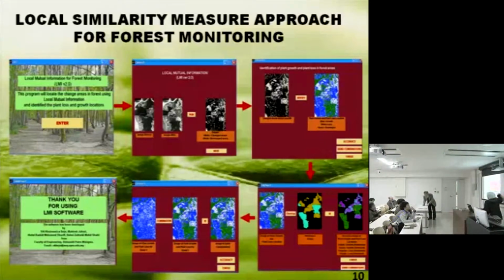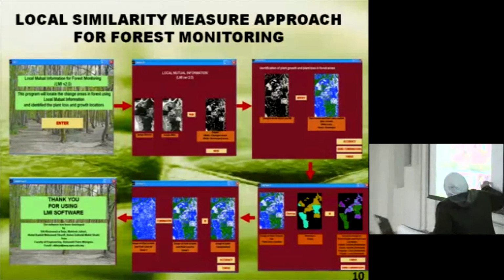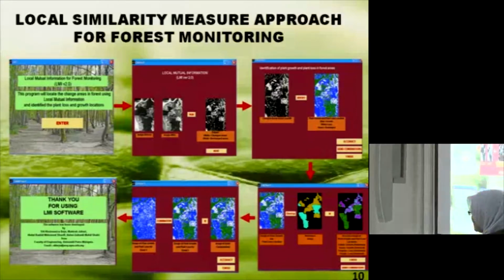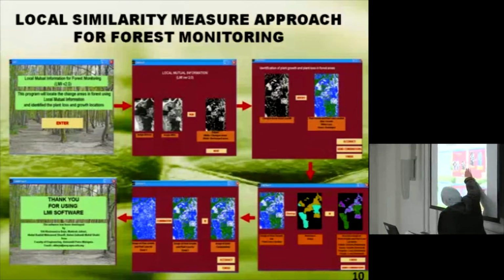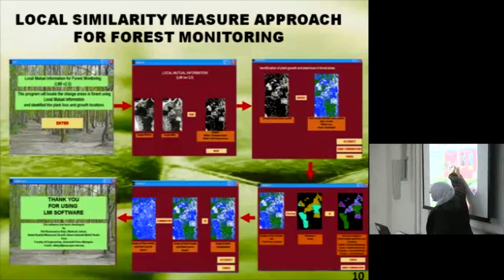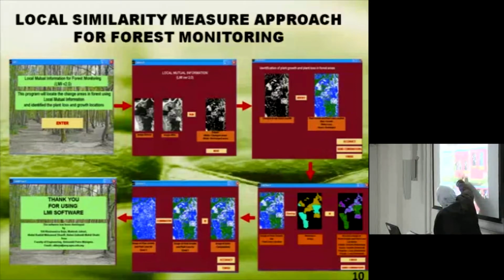This is the final result, which means here the image before and after, and then locate the change area. This is a change and unchanged area, which means the white pixel is the change area and the black pixel is the unchanged area. And then after that we identify whether the change area is plant growth or plant loss.